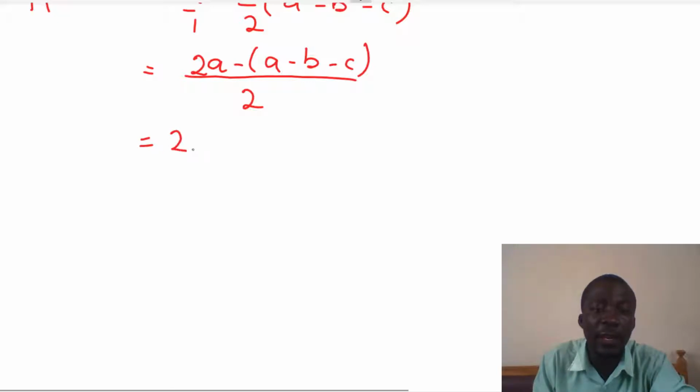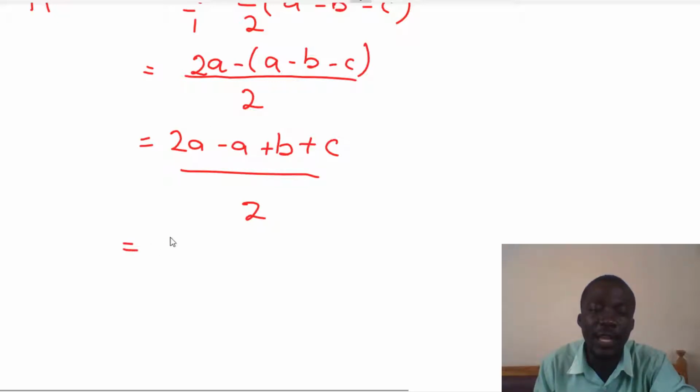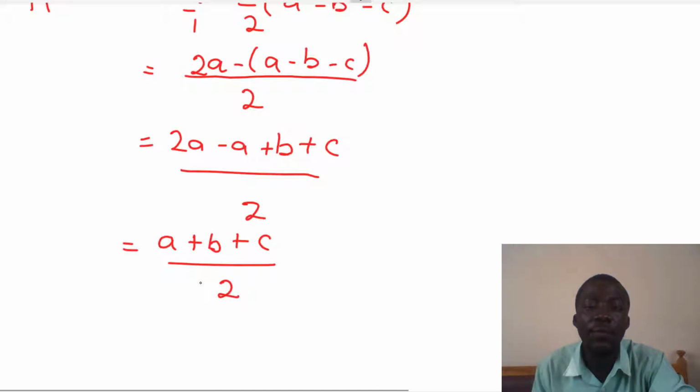When we expand the bracket, we are going to get 2a minus a plus b, the negative times negative c, plus c, divided by 2. Then 2a minus a will give us a, then plus b plus c divided by 2. And that will be our final answer.